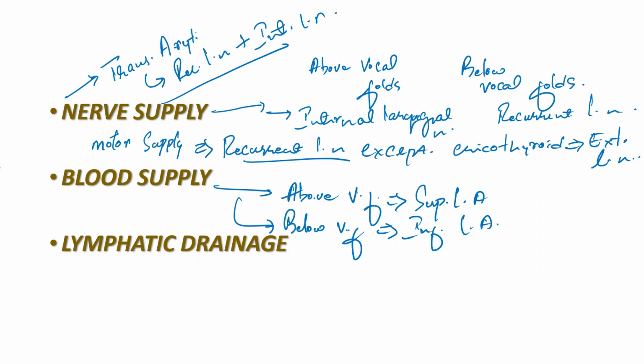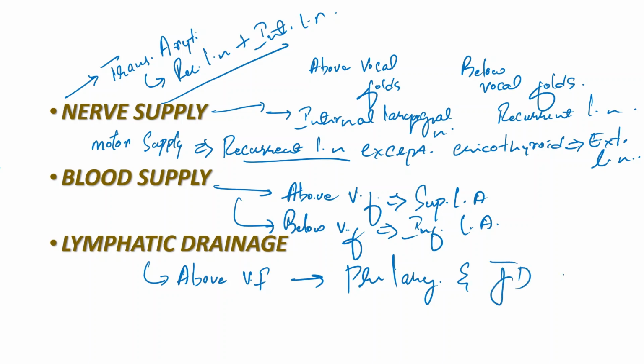Moving on to the lymphatic drainage of the larynx. The lymphatics above the vocal fold are drained by the prelaryngeal and jugulodigastric group of lymph nodes, and the area below the vocal fold is drained by the pre and paratracheal group of lymph nodes.